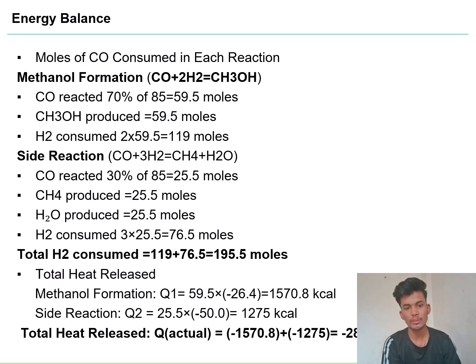In the side reaction, we get 30% yield. 30% of 85 is 25.5 moles, in which methane gas is produced 25.5 moles, water is produced 25.5 moles, and H2 is consumed 76.5 moles.